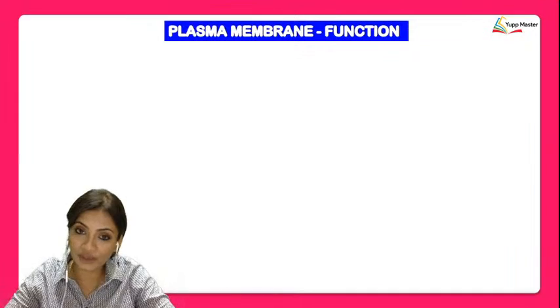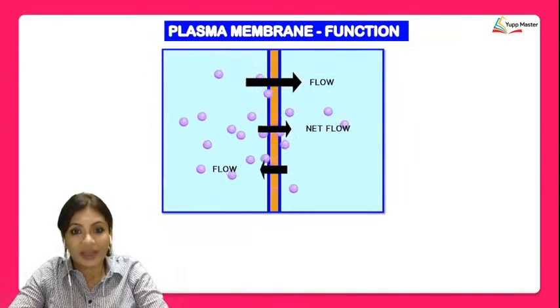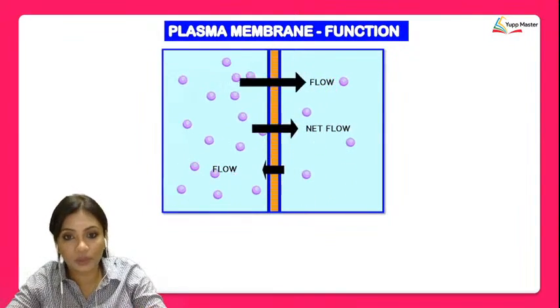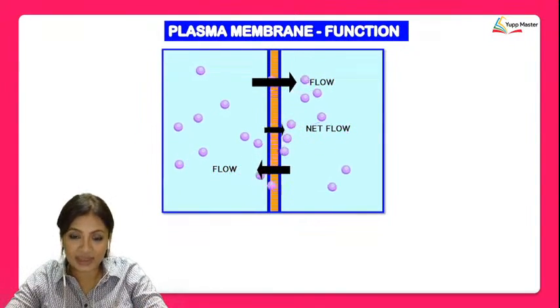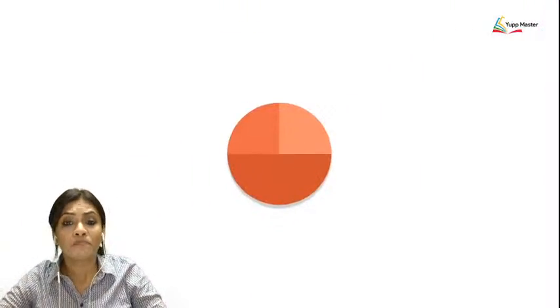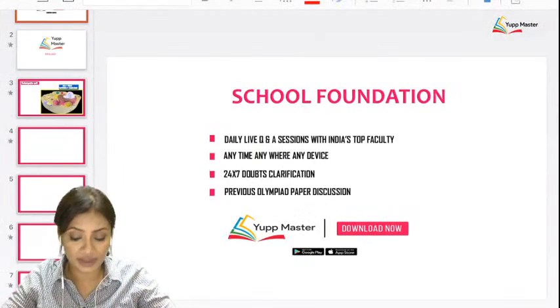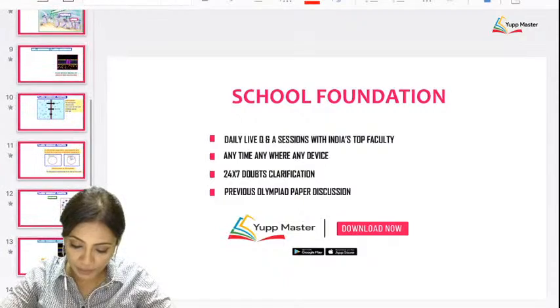All right, so let's see what functions it performs. The first and most important function: the plasma membrane is the reason why any substances, especially solutes, are able to enter into or come out of the cell. All right, so let's come back to that point over here.